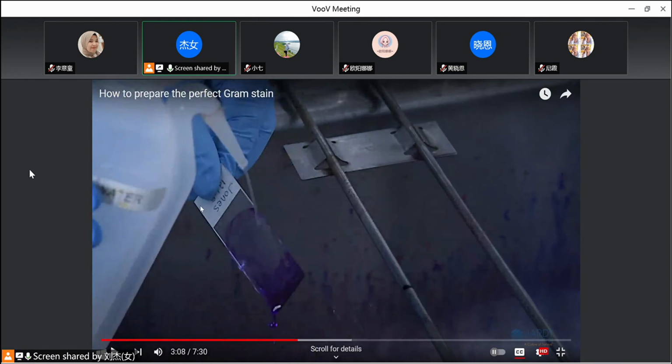You can use some water just to slightly wash the slide. Do not wash it very quickly. Otherwise, if you wash it with very heavy water, with lots of water, it can make your samples flow away with the water. So be careful when you wash off the first reagent.